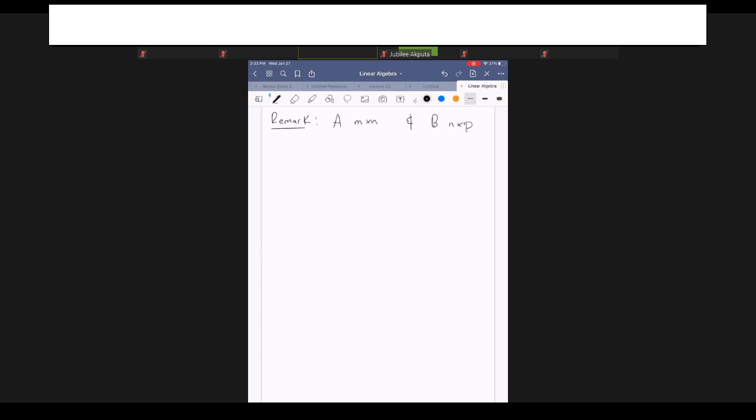Then A times B only exists if, when you draw the dimensions down here, these inner ones match up. If those match up, then you're allowed to multiply. If they don't match up, then you can't multiply. All right. So these must match up.